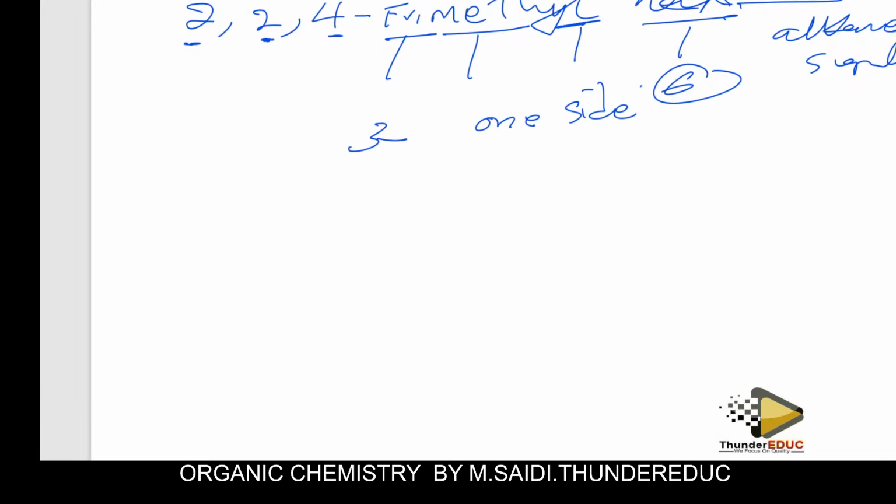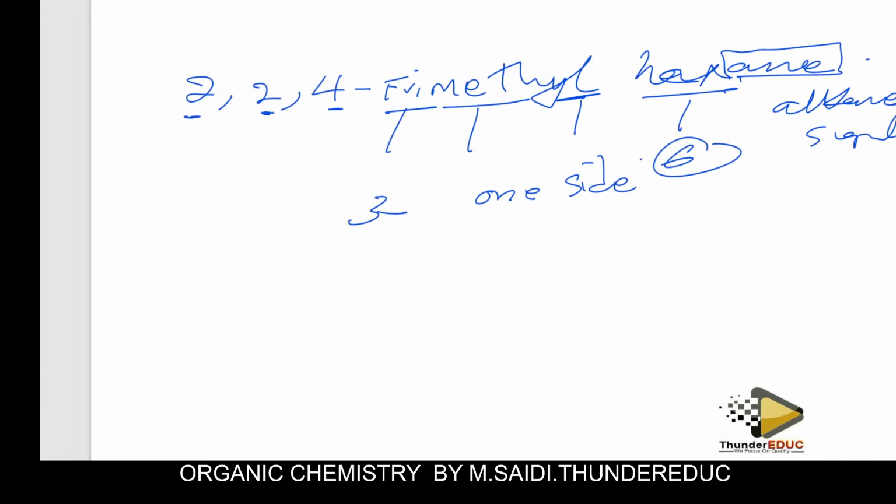We say that alkane means a single bond throughout. So there are 6 carbons: 1, 2, 3, 4, 5, 6. Don't forget that each carbon atom is supposed to have 4 bonds. Why? Because it is found in group 4.